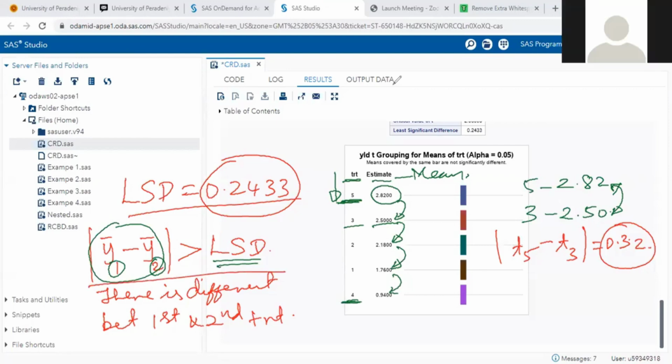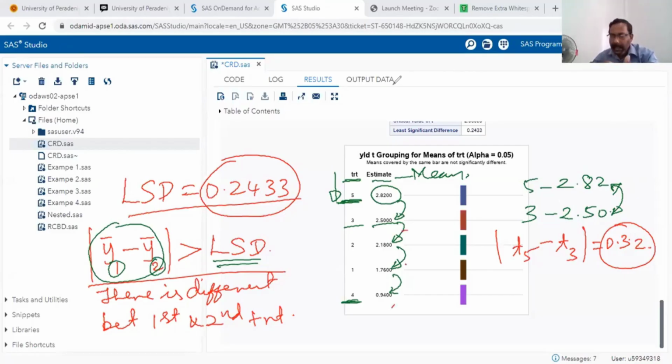Yes, there's a difference between treatment 5 and 3. In addition to that, which treatment is better? The fifth treatment, because it has higher yield. So that is how we can compare.